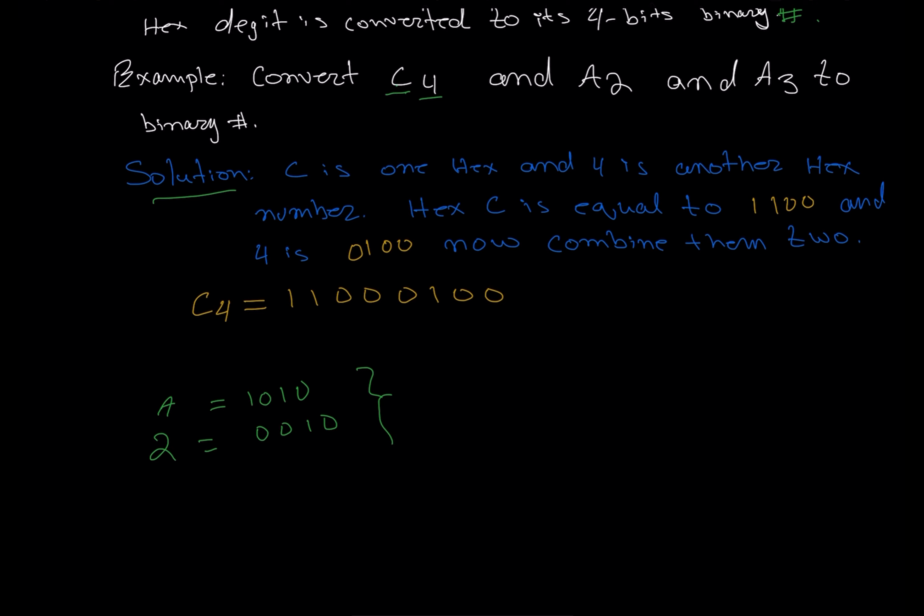You combine these two and you get A2 equal to 1010 0010. So that's your binary representation.